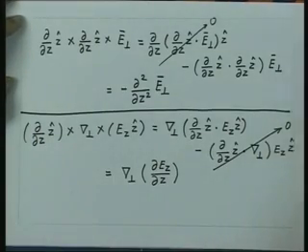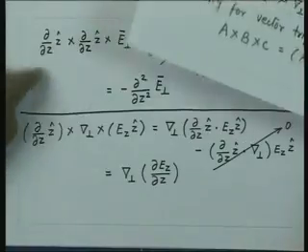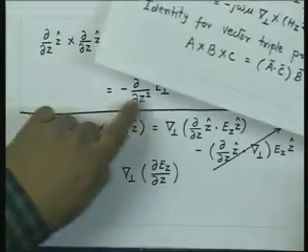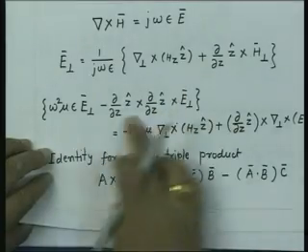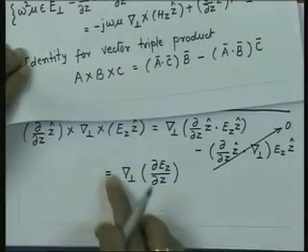Once we have this simplification, I can substitute for this quantity minus d2 by dz square E transverse, and for the other term I have this quantity.